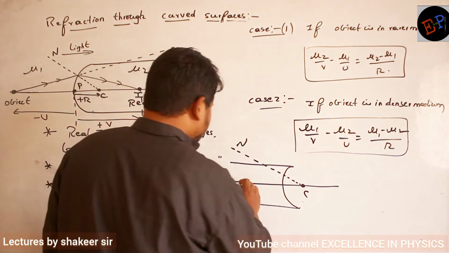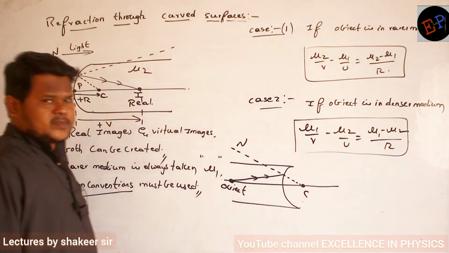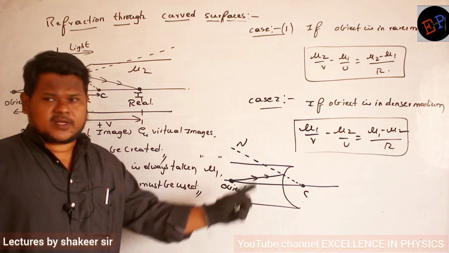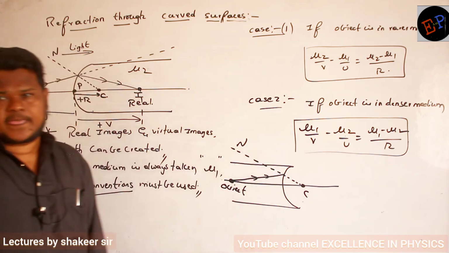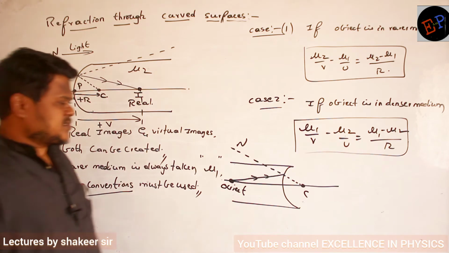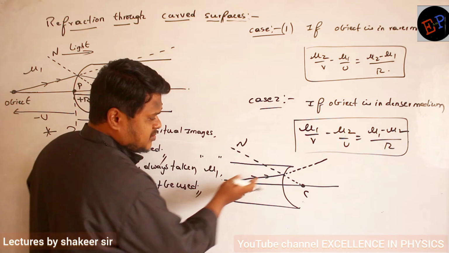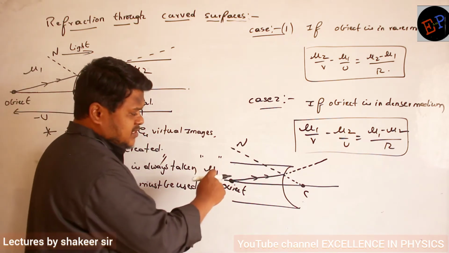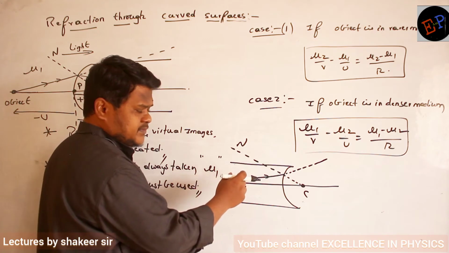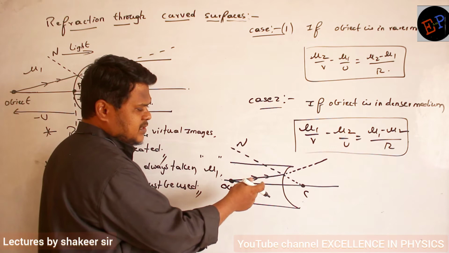Now from the object, you draw a light ray like this. It is entering from denser to rarer or rarer to denser? Denser to rarer. So what happens to the speed? Speed increases. Actually it should travel like this if there is no second medium there. But because there is second medium, the speed of light increases, so will it bend towards the normal or away from the normal? Away from the normal.